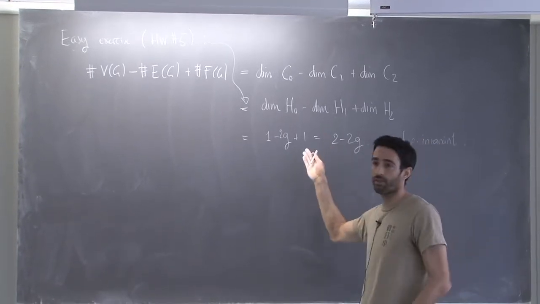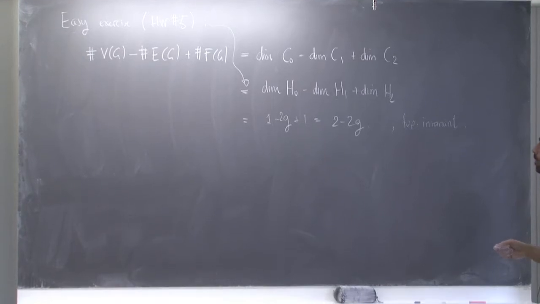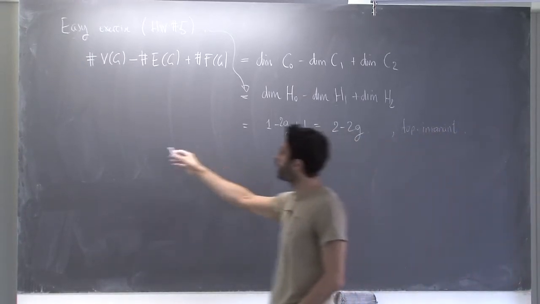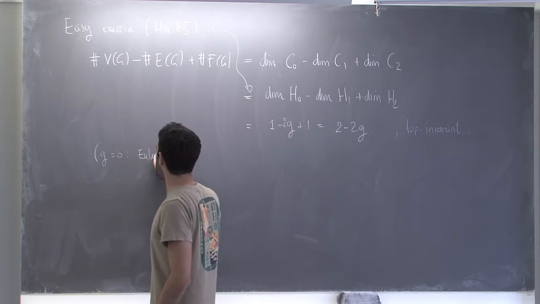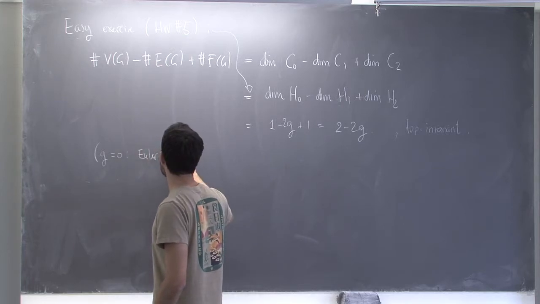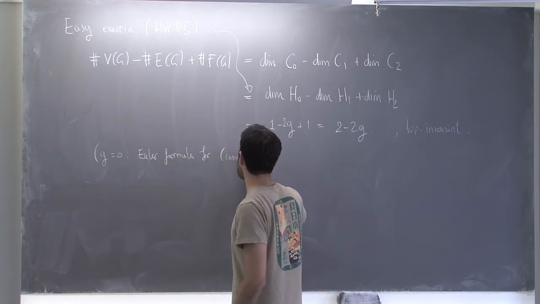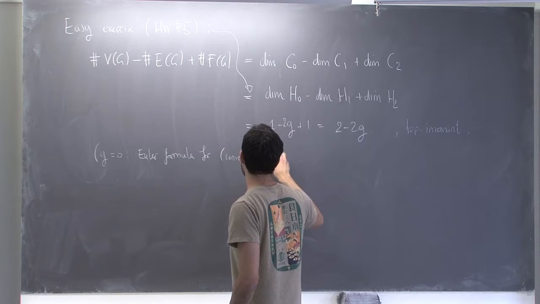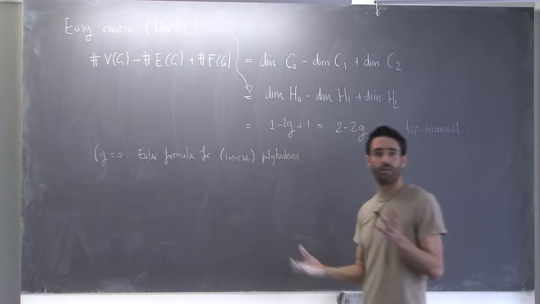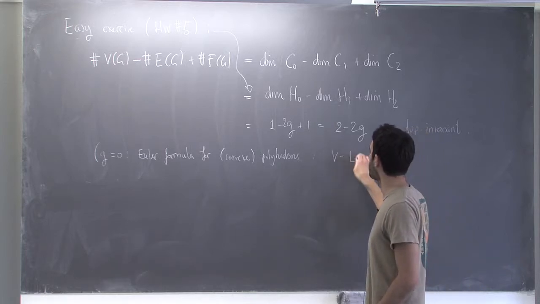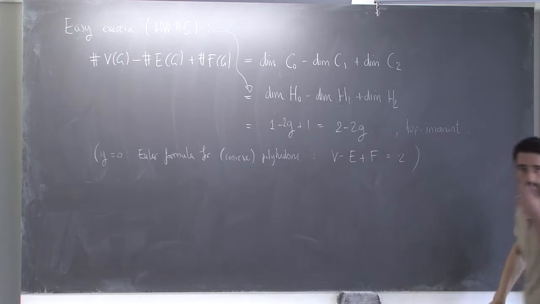And this is actually the birth of homology. It's Poincaré who wanted to prove the Euler formula. Because you know that in the case G equals 0, this is the Euler formula for polyhedrons, let's say for a convex polyhedron, which means that if you take the number of vertices minus number of edges plus number of faces, you get 2, right?